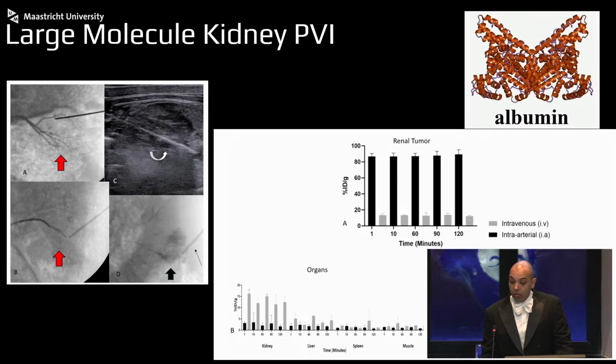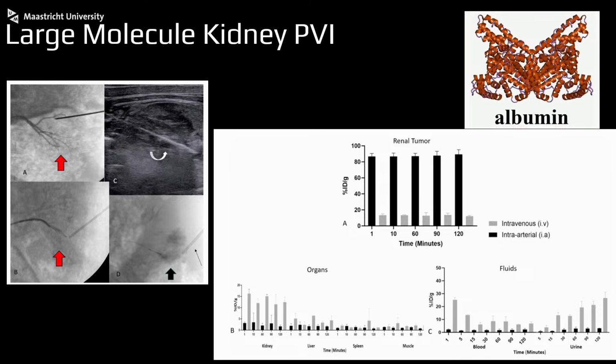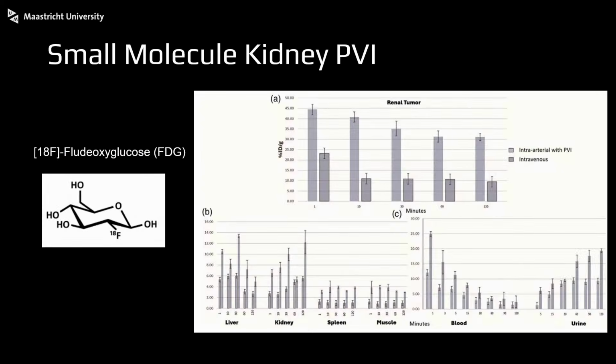And we can see here that when you look at the intravenous group, which is the light gray, compared to our experimental model, we have a multifold increase. Over 80% of what we injected went directly into the tumor, compared to when we did intravenous, where we got less than 20%.